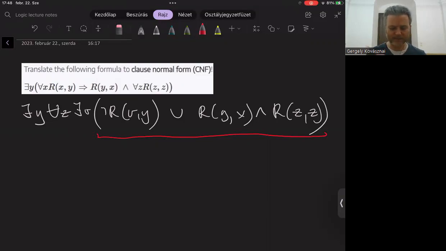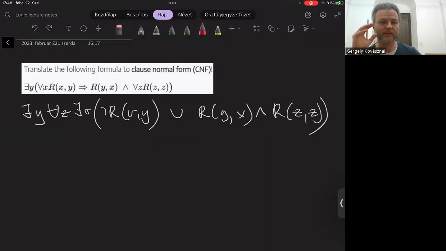And now the next step, what is the next step? Well, first of all, we should recall the definition of a CNF, and especially the restriction about quantifiers. In CNF, only universal quantifiers are allowed. No existential quantifier should be inside such a formula.